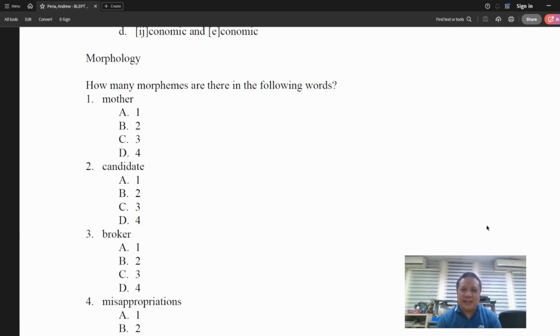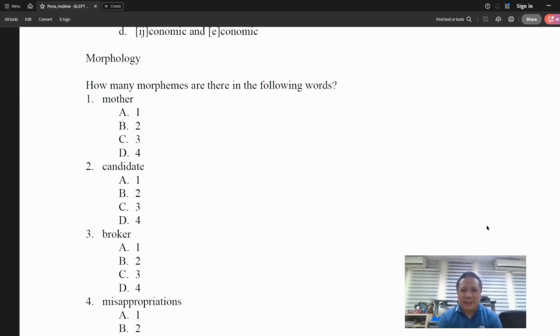Number 2, candidate, A1, B2, C3, D4. The answer is also A, 1, because candidate has only one meaning. It has only one morpheme. The candid there doesn't mean being candid. The date doesn't mean date. You need everything. Candidate. So it's A, 1.